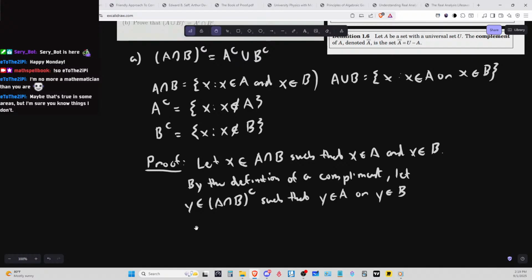But then we can probably write but not both. Can we? Because technically it's not supposed to be in the union, I mean in the intersection, so but not both A and B. Maybe I should put but not in both sets A and B.